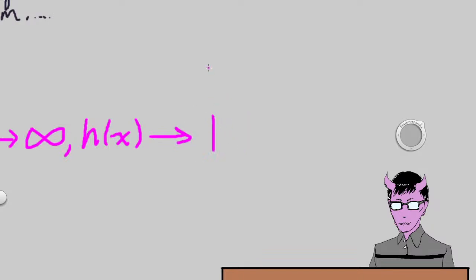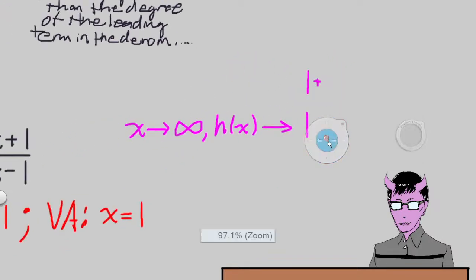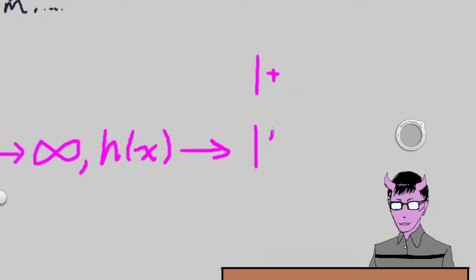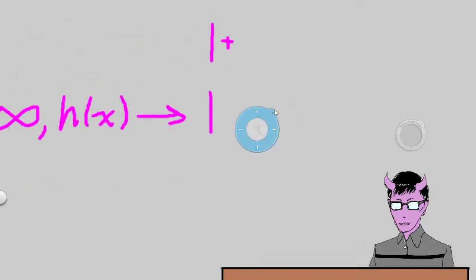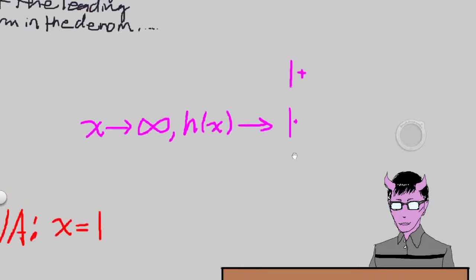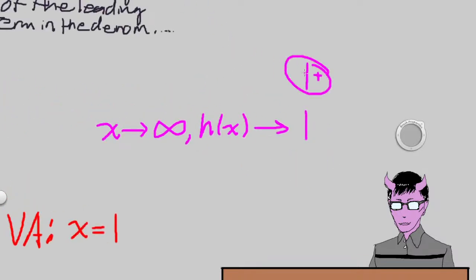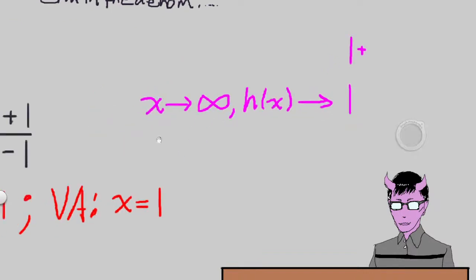Even though this is 1, I'm going to call it 1 plus. All right. Don't write that for your class. Your teacher will very likely dock you. But the idea is to have this in your head. Or you just put a very tiny plus right here, like a very tiny 1 plus. I don't like that. I'll leave it on the top. But this is the statement that you can write for your class.